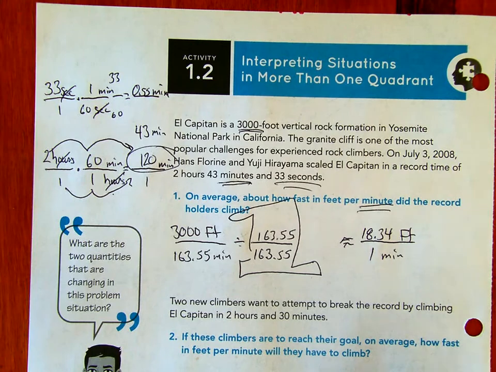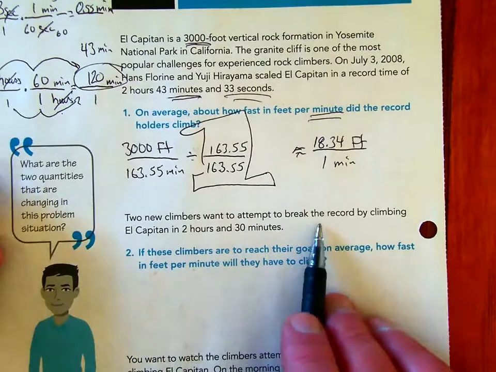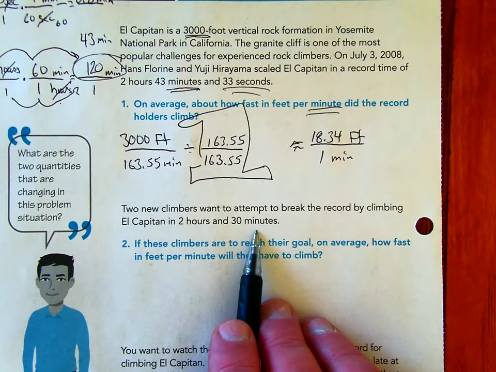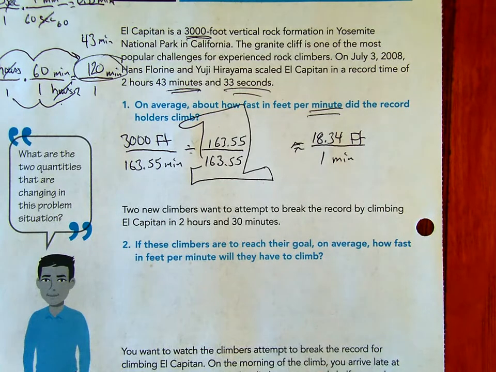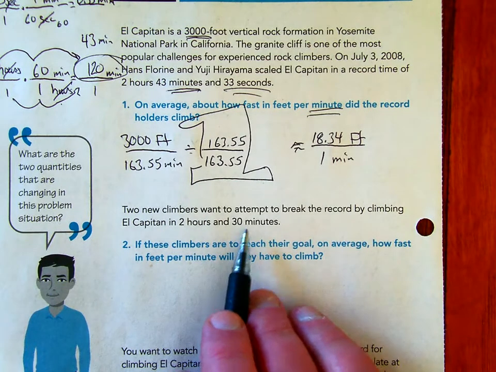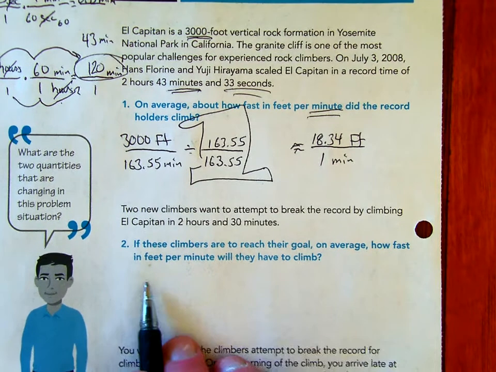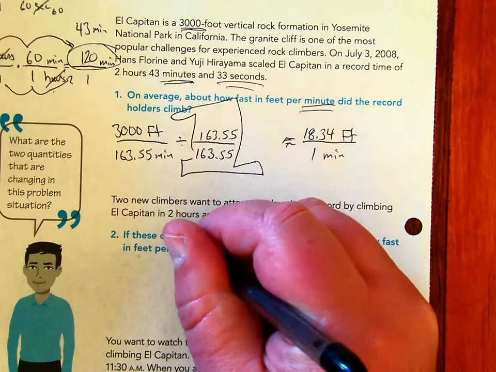That's a monster climb. 2 new climbers want to attempt to break the record by climbing El Capitan in 2 hours and 30 minutes. So they're trying to beat that record. They're trying to beat them by 13 minutes and 33 seconds. If these climbers are to reach their goal, on average, how fast in feet per minute will they have to climb? Well, we already know that 2 hours is 120 minutes.